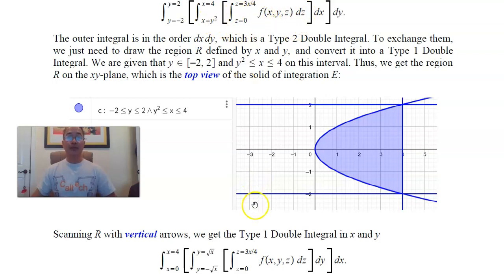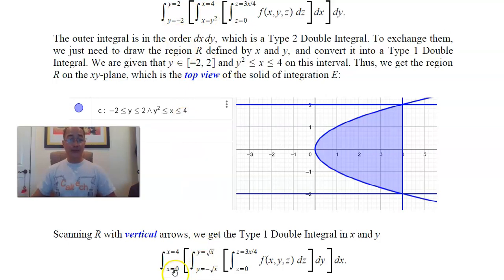Notice that the innermost integral does not change at all, because all we exchanged are the two outer differentials and the two outer integral signs. So obviously, first thing to notice, we don't just exchange these two things. Oh, we're done.